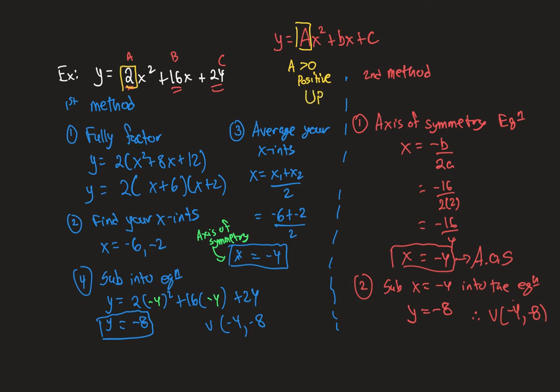And as you recall before, if it's opening up, I am dealing with a minimum. So this -8 is my minimum. If, on the other hand, a is negative, then it's going down, in which case we're dealing with a maximum.